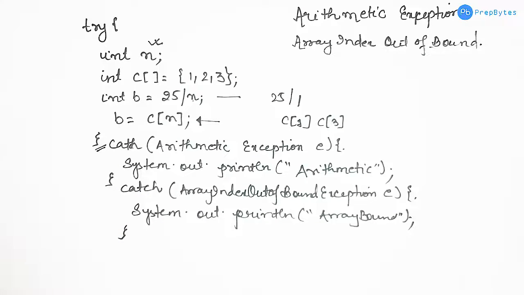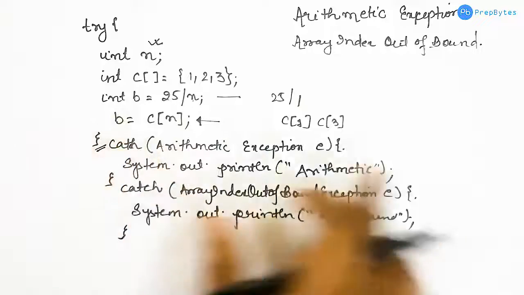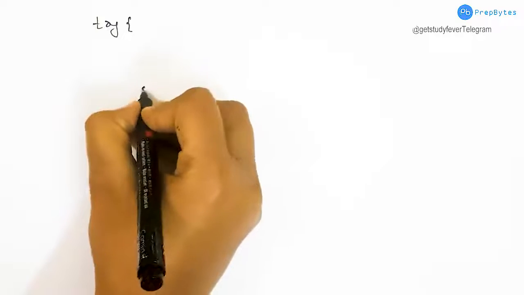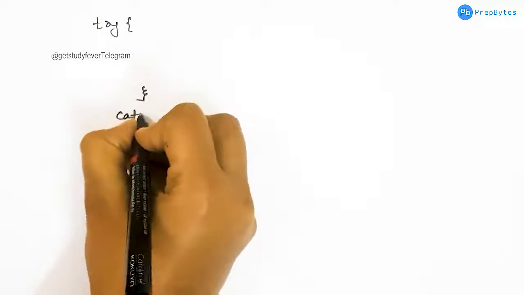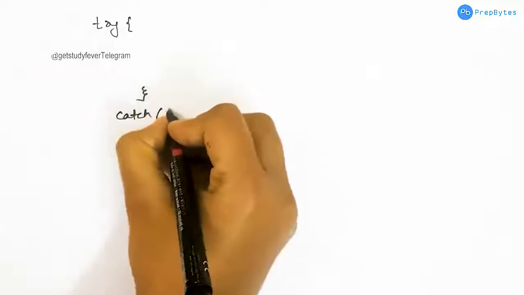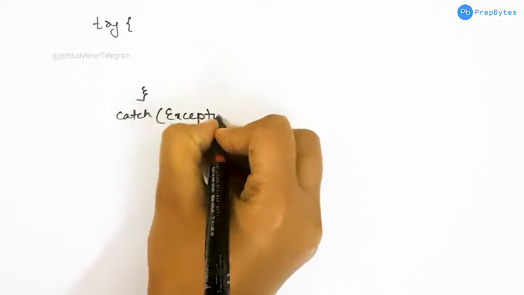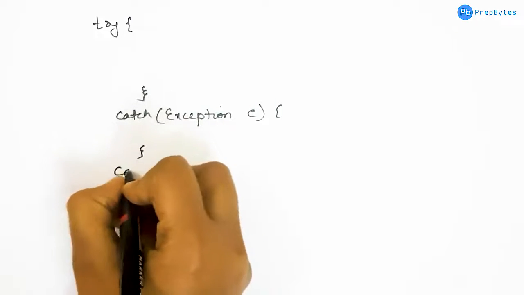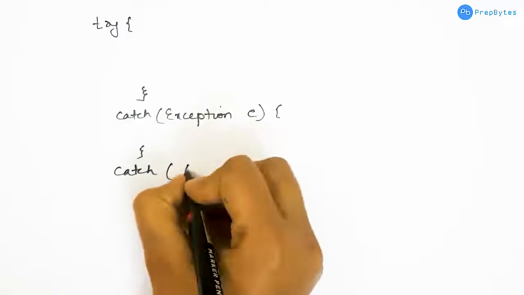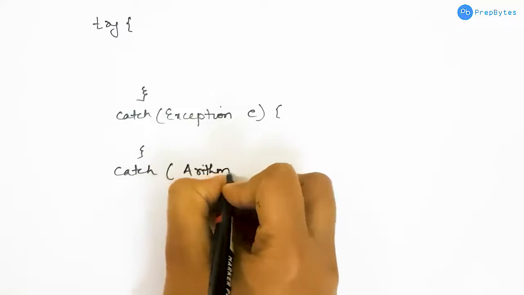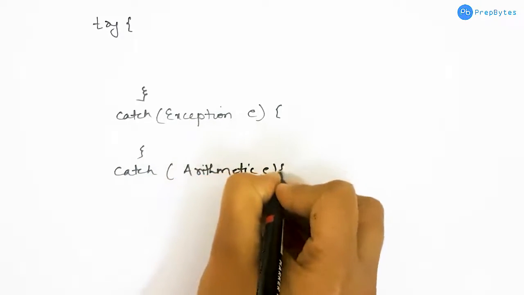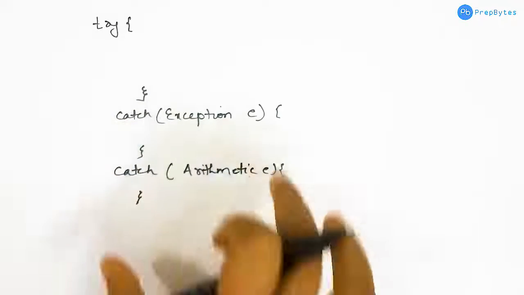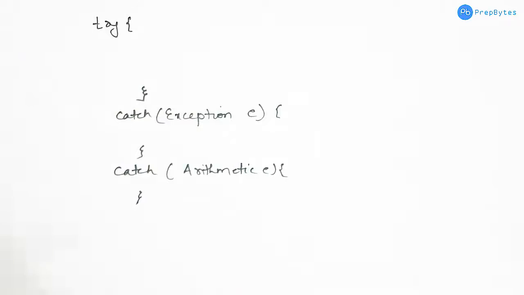So what is happening here is that, let's say I have a try block, and then I have multiple catch statements, and in the first catch statement itself I write Exception e, and then in the second catch statement I write, let's say, ArithmeticException e, and then I write, let's say, 2-3 more exceptions that are subclasses of Exception. So in this case what happens is that you get a compilation error.